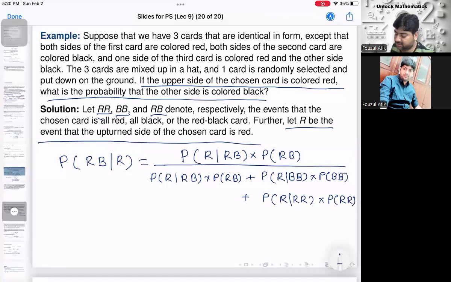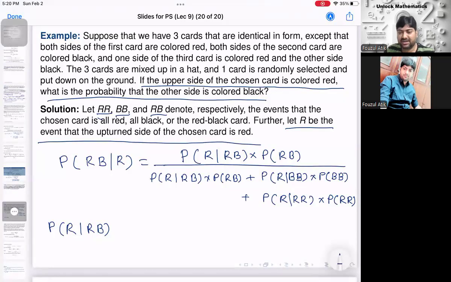Now we can find all these probabilities individually. So what is P of R given RB? What does it mean? The probability that the upturned face is red, given that the card is an RB card. That means one side red, one side black. So you already have the one-side-black, one-side-red card.